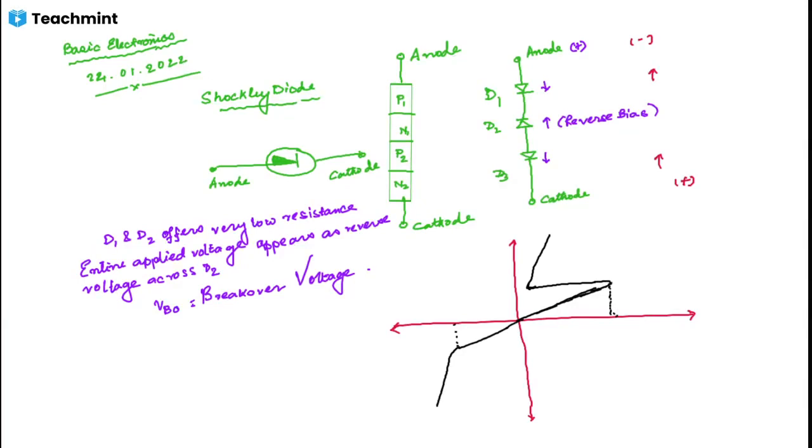So this is VBO. This is A, and this is O. This is the forward voltage. This is the reverse voltage. This is IH.